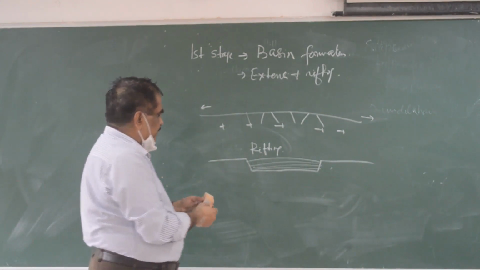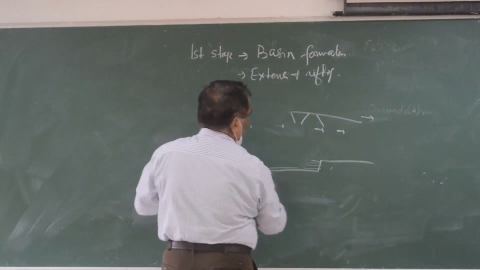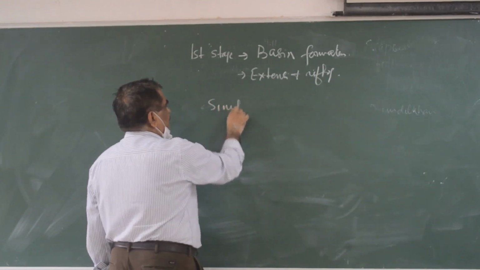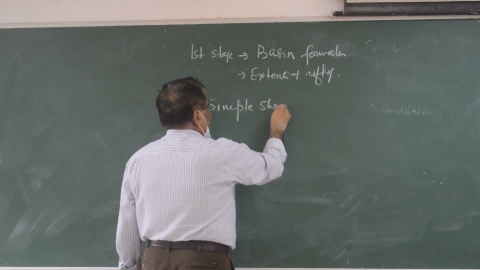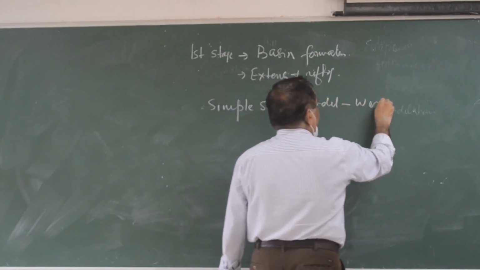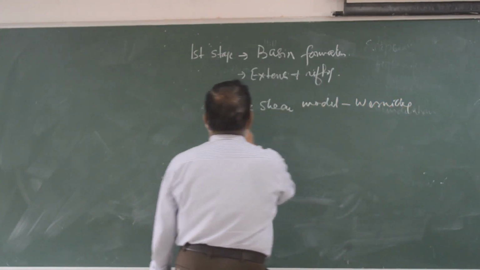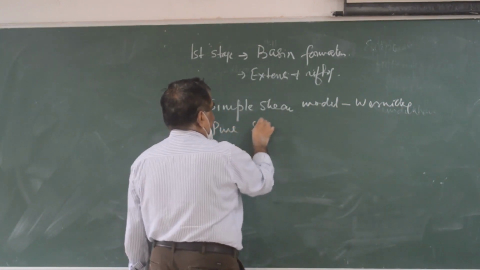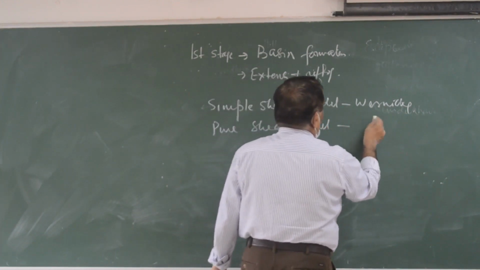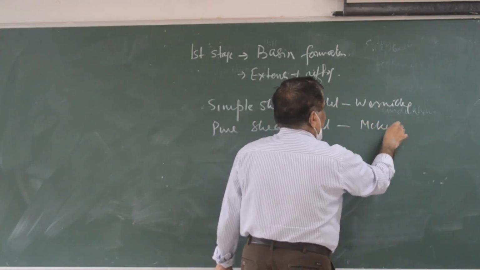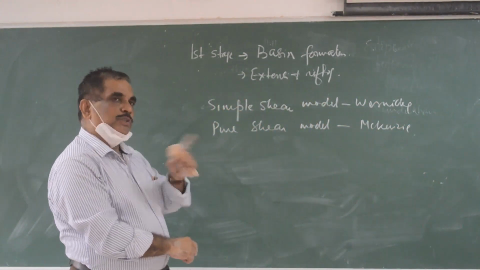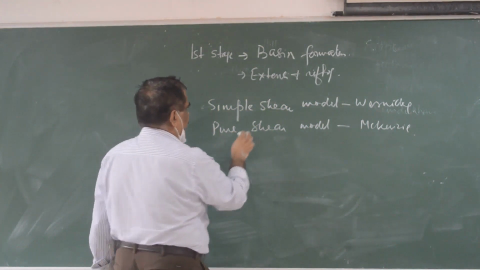Now for this formation of basins, there are two models which we have already discussed. One is a simple shear model by Wernicke, and pure shear model by McKenzie. So these two gentlemen have given two different models for basin formation.